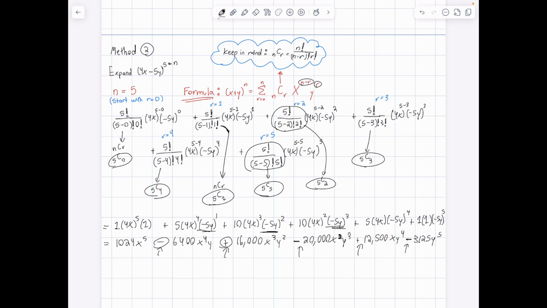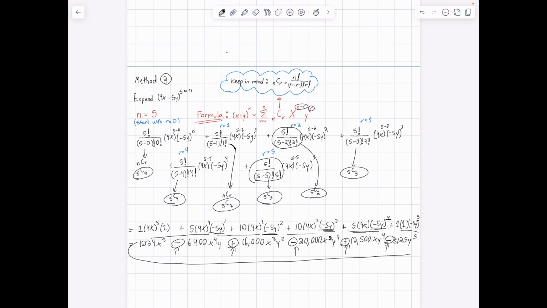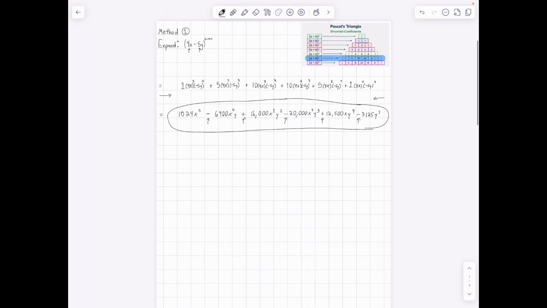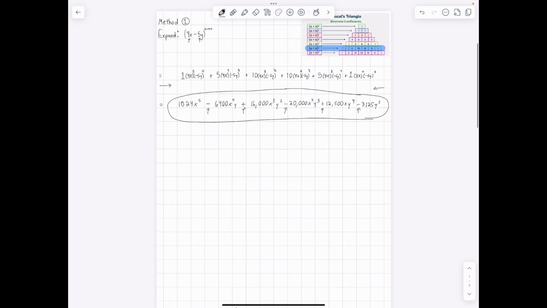Odd exponent of 3, negative. Even exponent, positive. Odd, negative. So odd exponents give you negative. Even exponents give you positive. Great. Now this is our fully simplified expanded binomial done the second way, and you will see that both of these answers are the same.